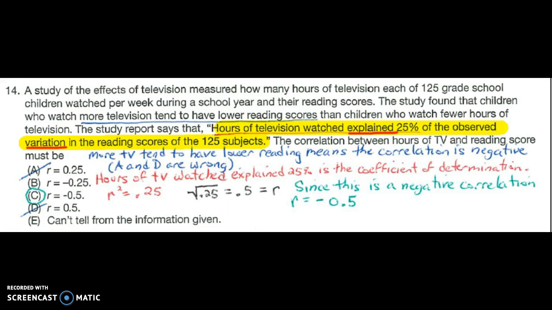So in this problem I took the square root of 0.25, which is 0.5, the correlation, because they're asking what the correlation is. And as the TV viewing increased, the students had lower scores, so it's got to be a negative correlation. So that's how I got C for the answer.